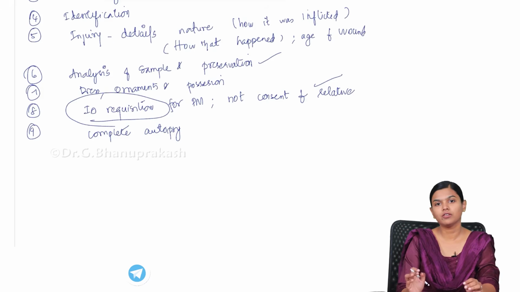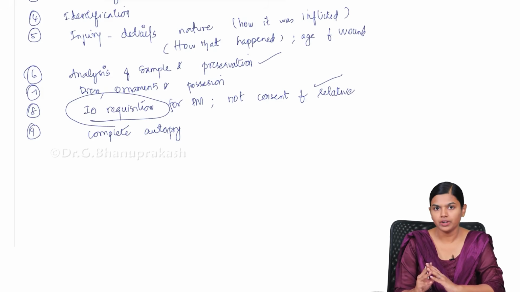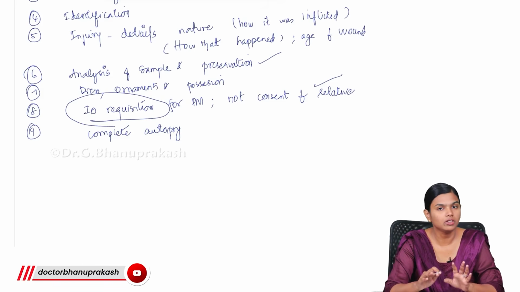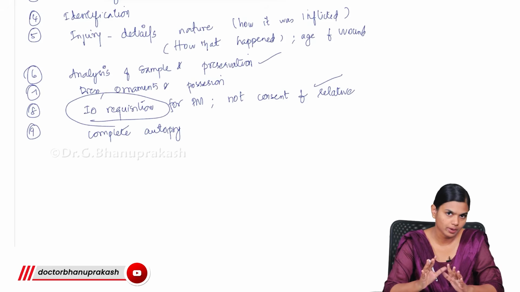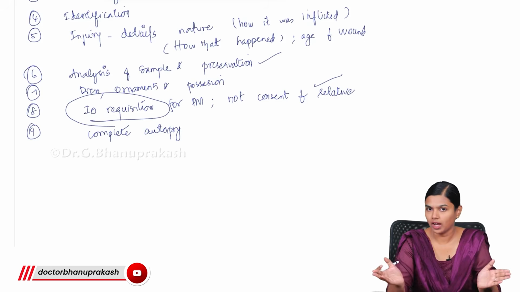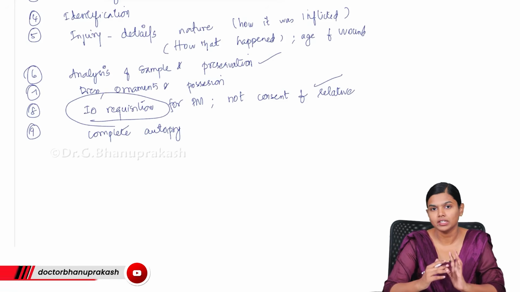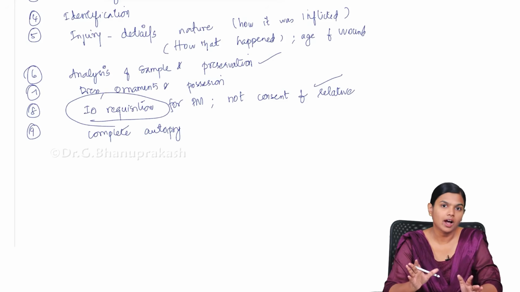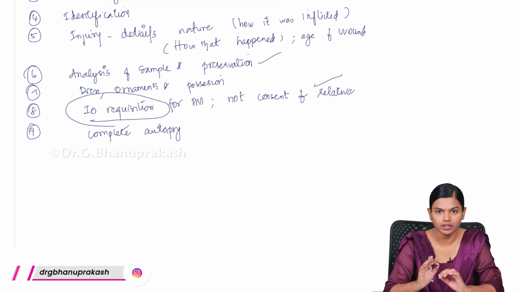Meaning, if someone is giving a history of sudden death, and you know by medical history that it could be a case of myocardial infarction, so you are expecting myocardial infarction changes in that body. So you directly open the heart and you find some myocardial changes, like ischemic changes in the myocardium, and also in the coronary arteries you find some thrombi.